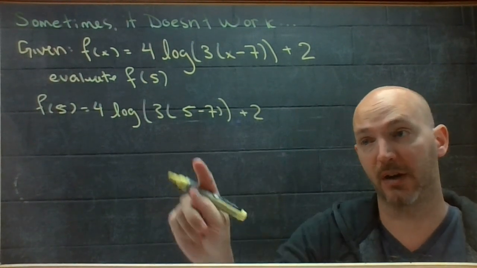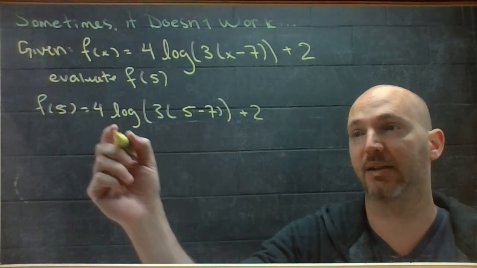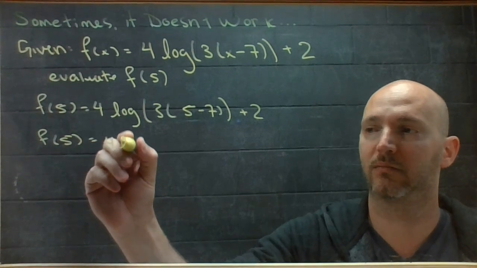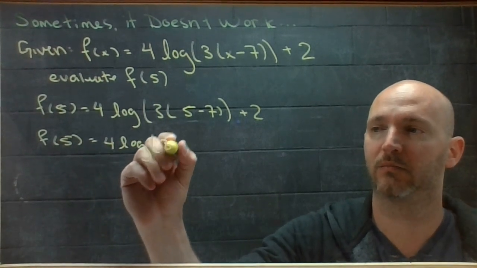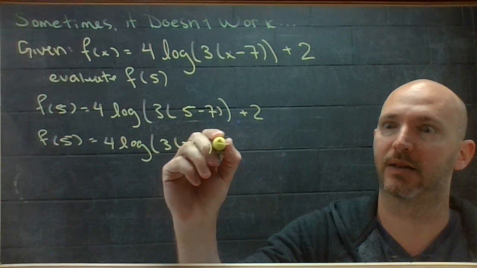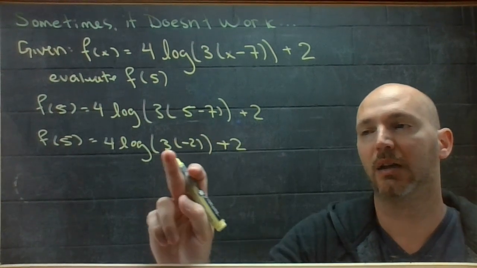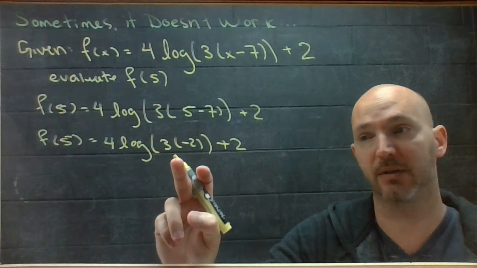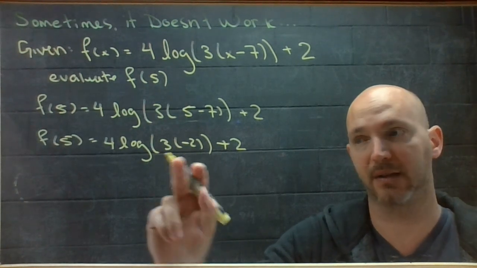So order of operations, I have to do this first. 5 minus 7 is negative 2. It's a lot of stuff to write. And then we have to do this part to finish simplifying the argument. So 3 times negative 2 is negative 6.